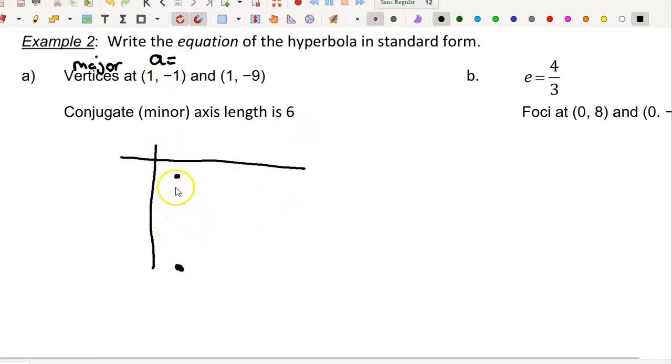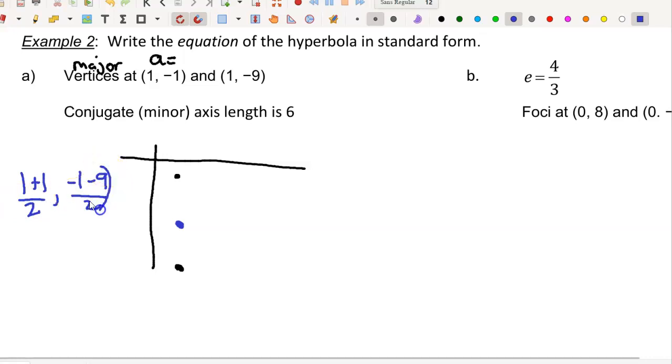So we don't know what the center is. So we've got to figure that out. So what is the middle or the center of the vertices? What is this coordinate? All right? So since we're looking for something in the middle, we could just do midpoint of these two. All right? That'll give us the middle. If you can figure it out without using the midpoint formula, that's fine as well. But this always works.